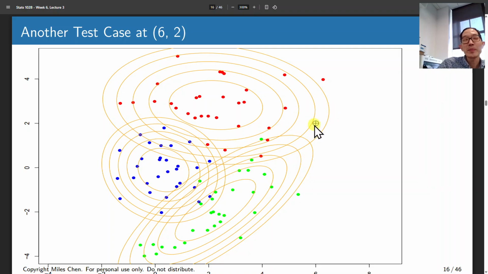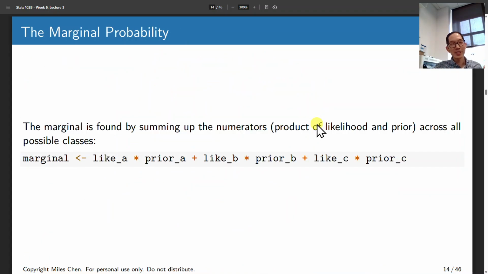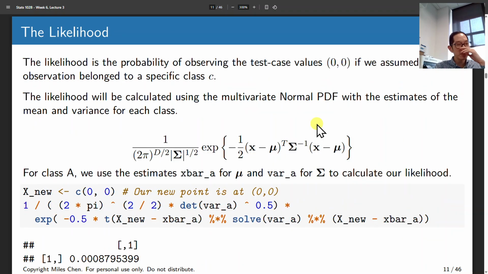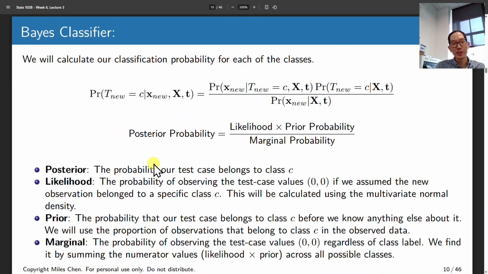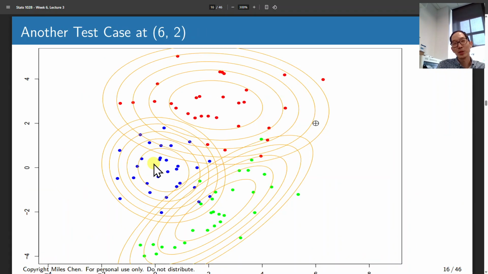This data point, first of all, is just unlikely, much less likely than any of these other ones, just because it's way out there. When you calculate your marginal probability, the marginal probability is, hey, what's the probability of getting this data point regardless of class?